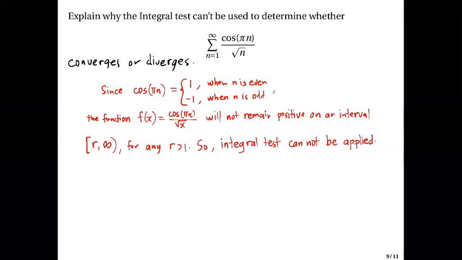Okay, for my last problem for today, find the values of p for which this series is convergent. We saw earlier in a previous example that we had p equals 1. So the question is, when is this actually convergent? Can we find a value for p for which it is convergent?